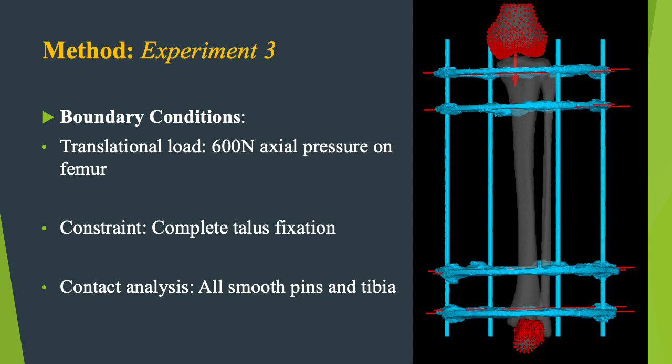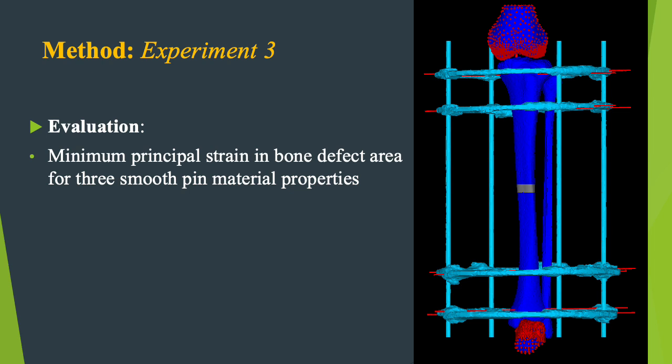For this experiment, we set translational load 600 N axial pressure on femur, complete constraint of fixation, contact analysis between all smooth pins and tibia. Evaluation criteria. We evaluated the minimum principal strain in the bone defect area for all 3 smooth pin material properties.